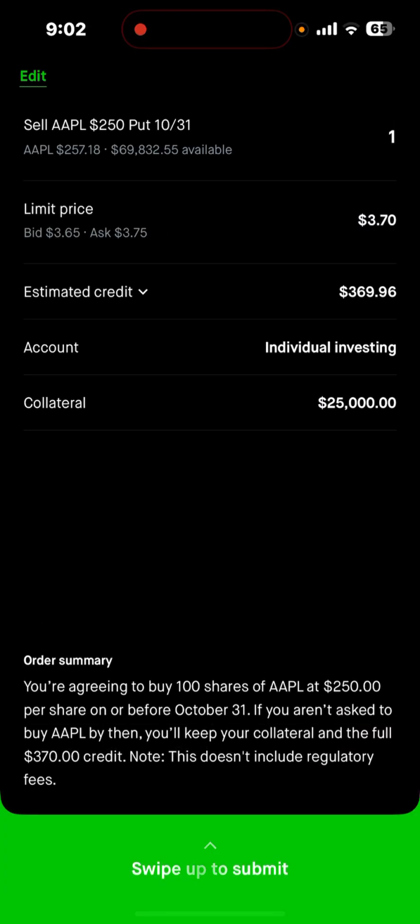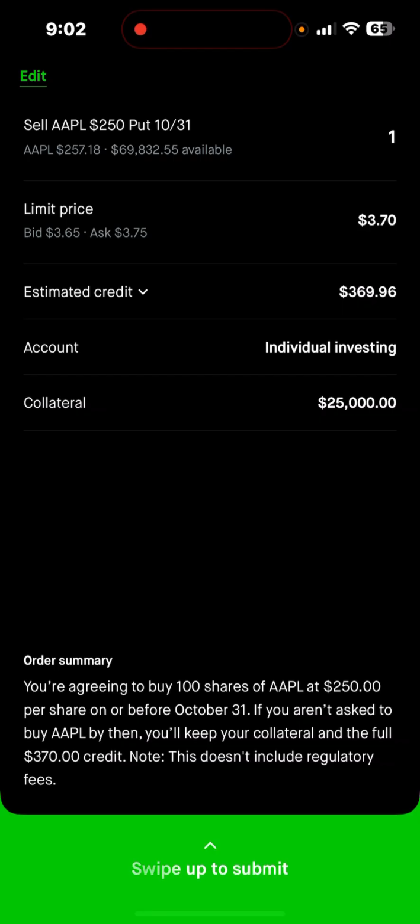So right here, selling Apple $250 put, October 31st, one contract. They give you the credit, that's the premium, the cash that deposits into your account when you sell the put option, $369.96.